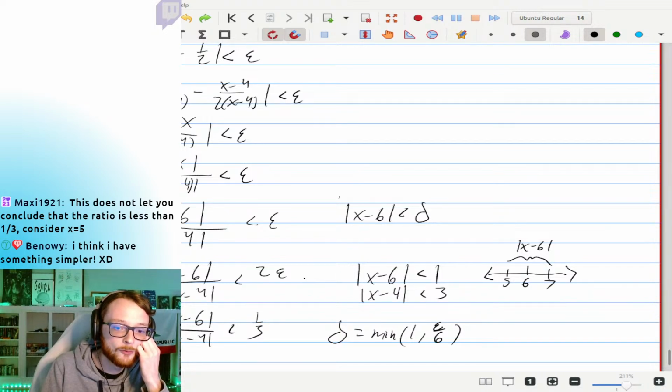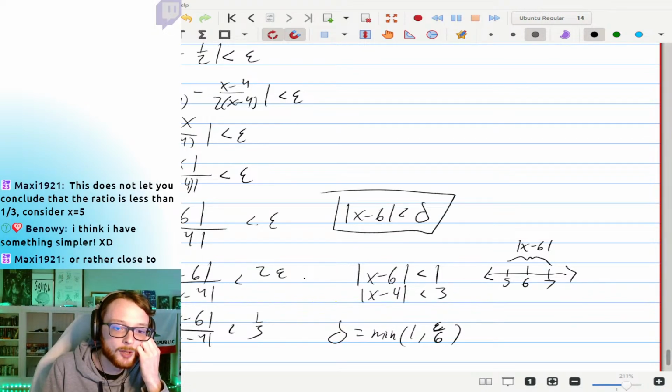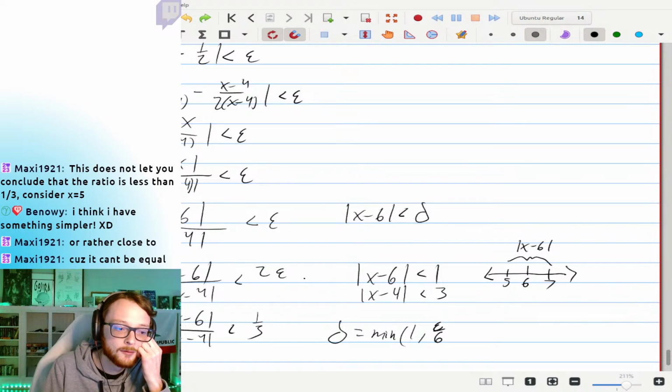Ideally, you can just use this fact directly and plug it in somewhere. But for this one, you can't. You have to do some weird stuff with the absolute value stuff.